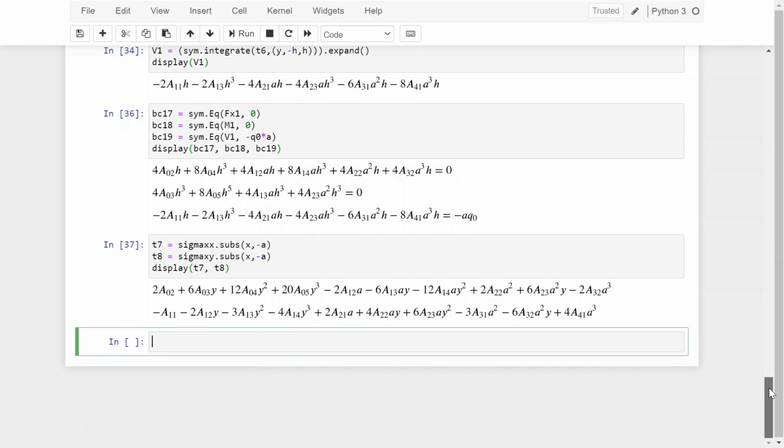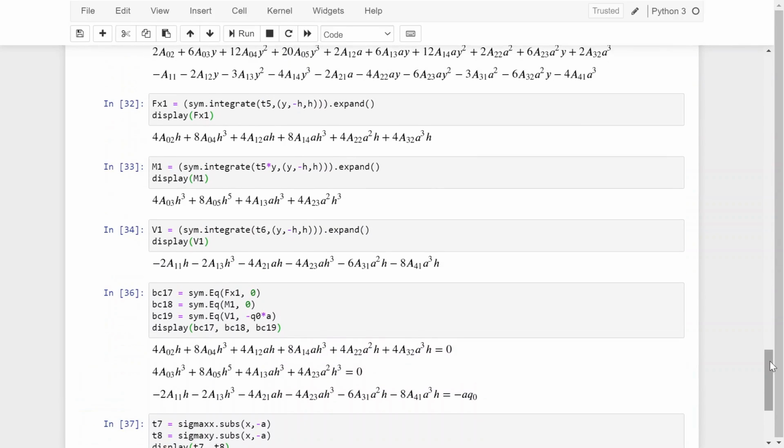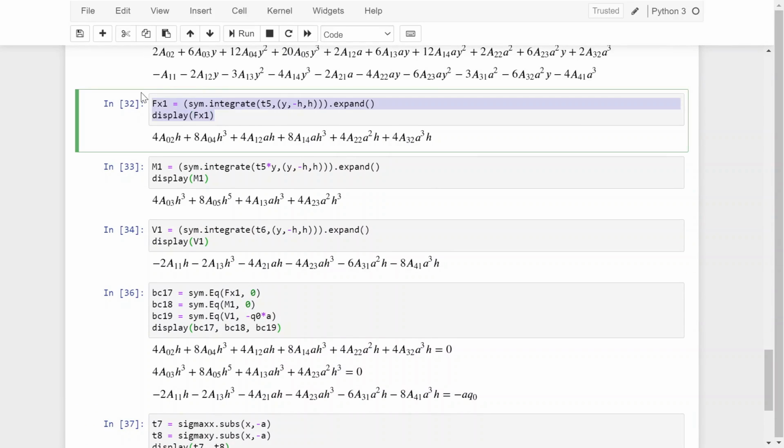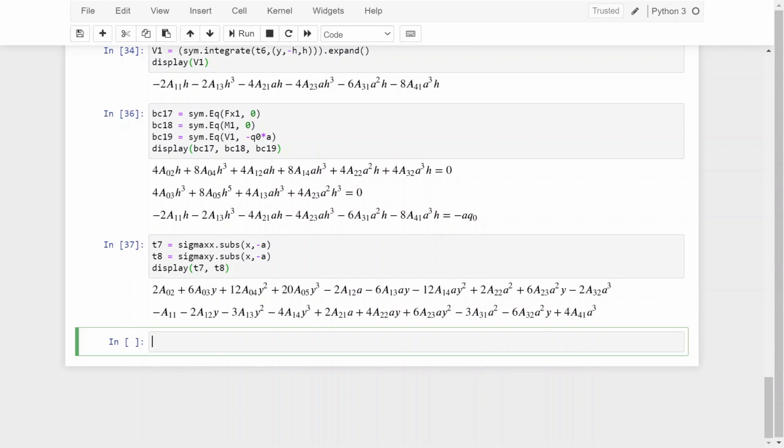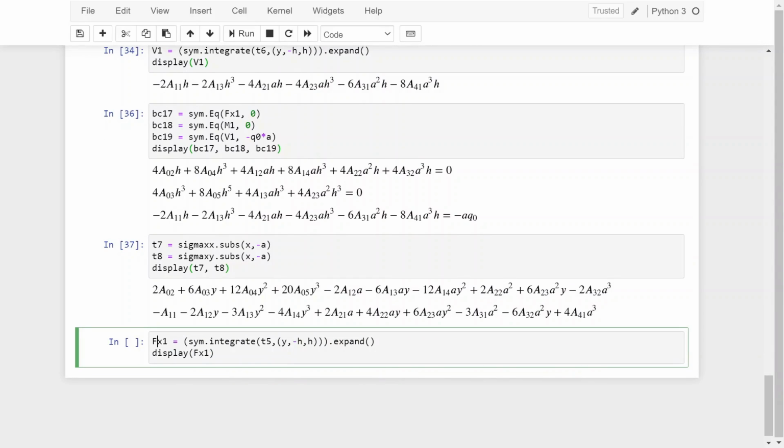And just like we had done for this fx1, m1 and v1, we are going to do a fx2, m2 and v2. So this is fx2, this is going to be T7.